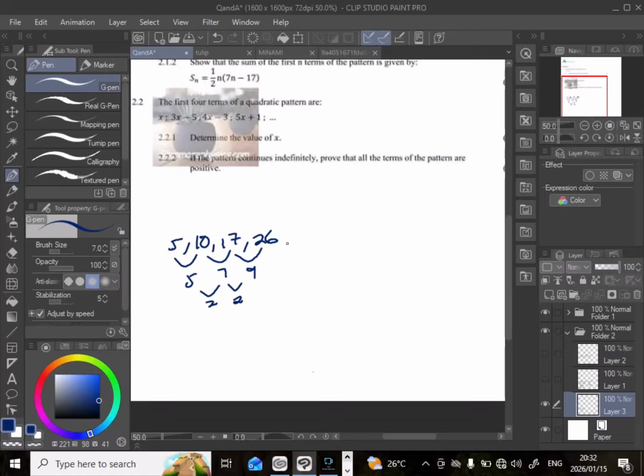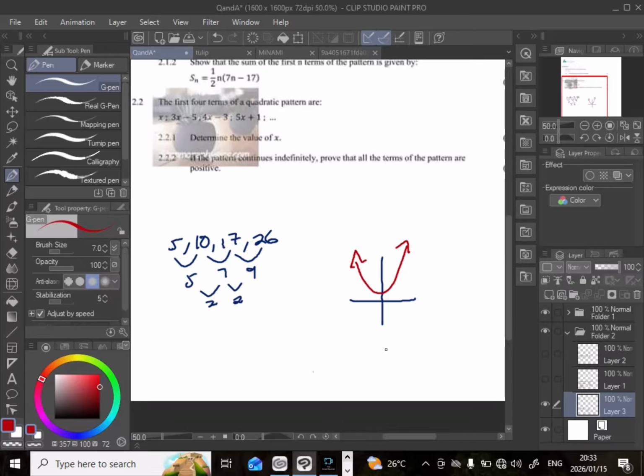Remember, if we shift these two functions, it means our graph must be something like this, and it must be on the positive axis, not on the negative.